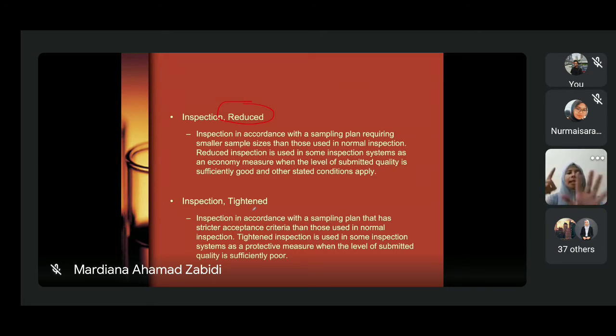Okay, bila kita dah raise the issue and then after some time, bila kita dah perform Titan inspection, we came out with a certain degree of confidence. Kita rasa di supplier dia dah resolve the issue on their side. So daripada Titan inspection, kita boleh turunkan balik kepada normal inspection.